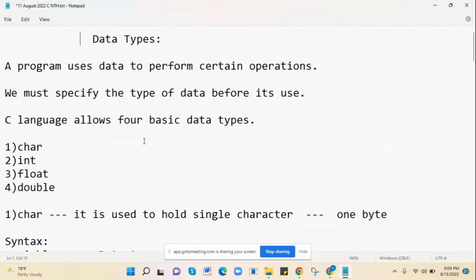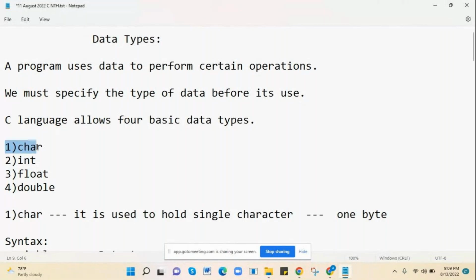Okay. In our previous class, we discussed about data types, right? Why are we using data types? We have to specify the type of data before its use to the C compiler.